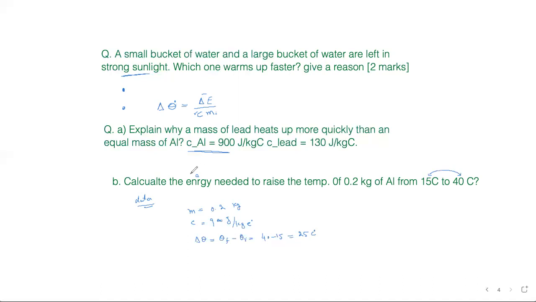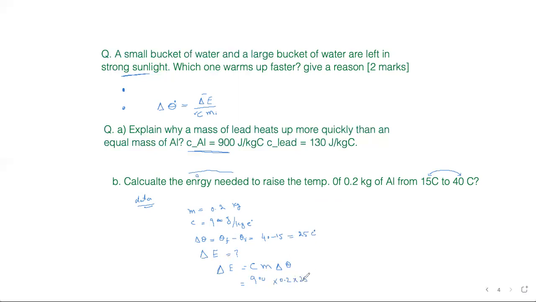And you see what we need to calculate? Energy needed. So the required energy is delta E that we need to calculate. And we know this formula: delta E is equal to what? C, heat capacity, times mass times delta theta. Okay, understand? Very good. So here you can put 900 times 0.2 times 25.